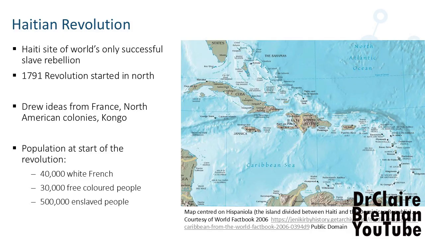I mentioned with slave labor that these islands were places of white terror because they knew they were outnumbered. As a result, rebellions were suppressed quickly and brutally because white slaveholders knew they couldn't afford to let them get out of hand. At the start of the revolution in Haiti, the numbers are clearly rounded, but there were approximately 40,000 white French people in comparison to 500,000 black enslaved people.